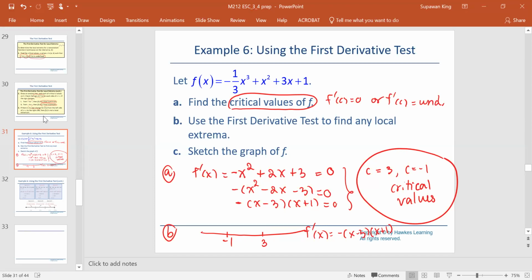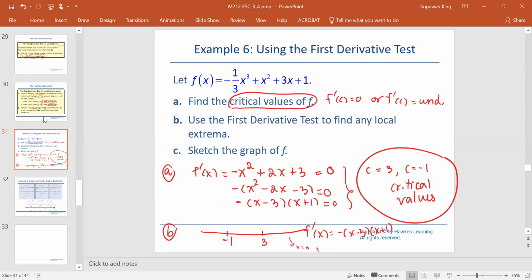For example, if we pick x equals 4, we get negative (4 minus 3) times (4 plus 1). The overall sign of f prime is going to be negative.